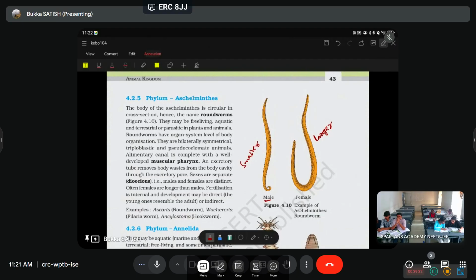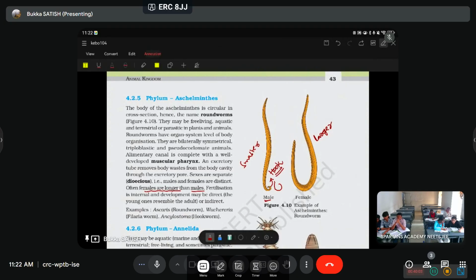And also there is one hook. You can see a small hook in the case of male, on the anal side. Anal hook is what we call it. So that is also one characteristic feature. In the textbook, the distinguishing feature given is that females are larger than males.